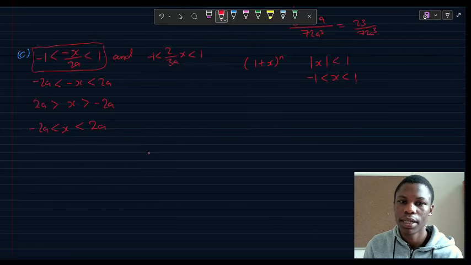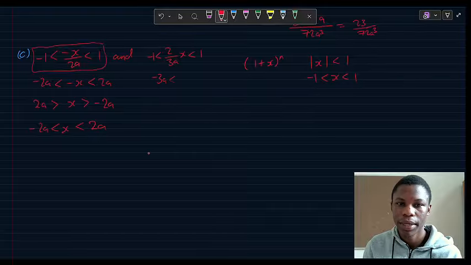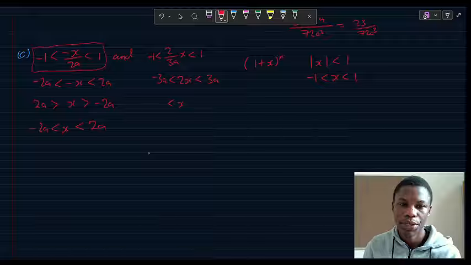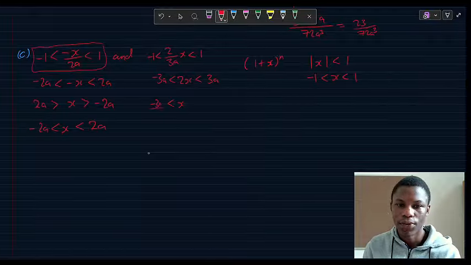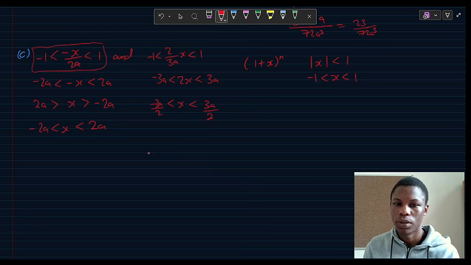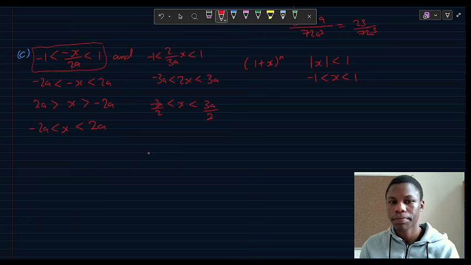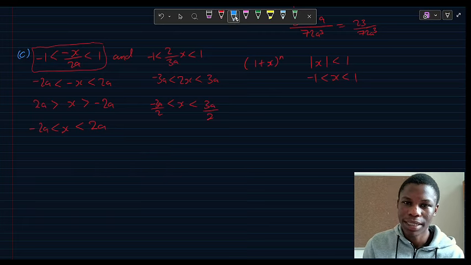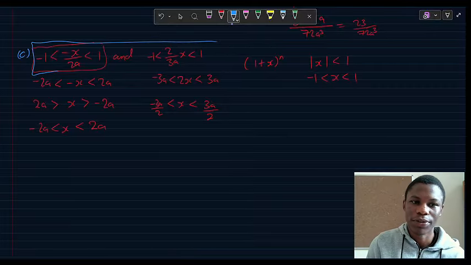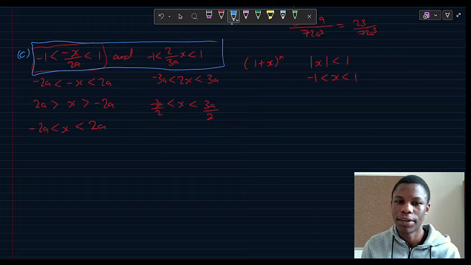And we have to check the other inequality. Same procedure, multiply through by 3a. So you get negative 3a is less than 2x, which is less than 3a. Divide through by 2. So x has to be between negative 3a over 2 and positive 3a over 2. And now, notice that we said for both expansions to be valid, these two conditions have to hold.